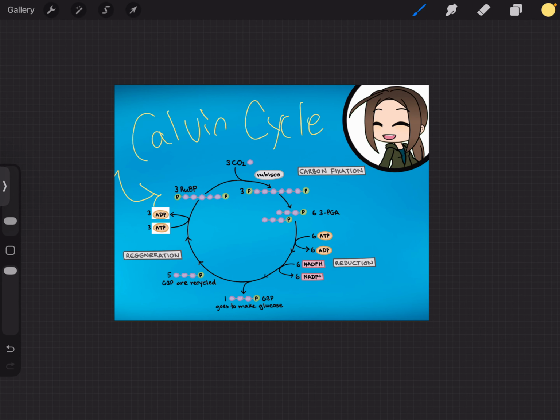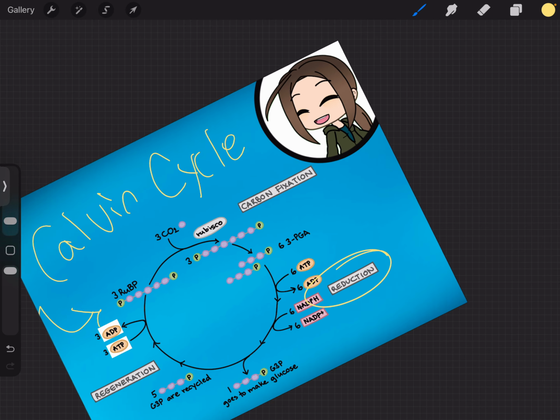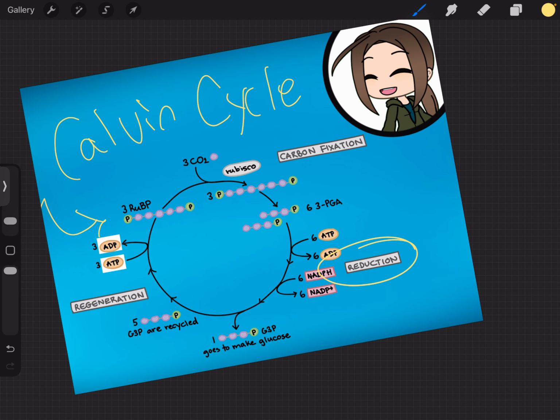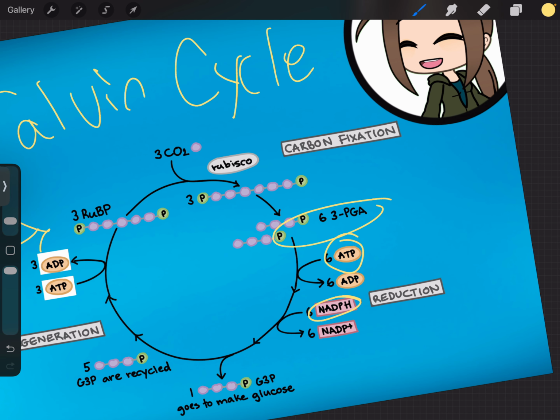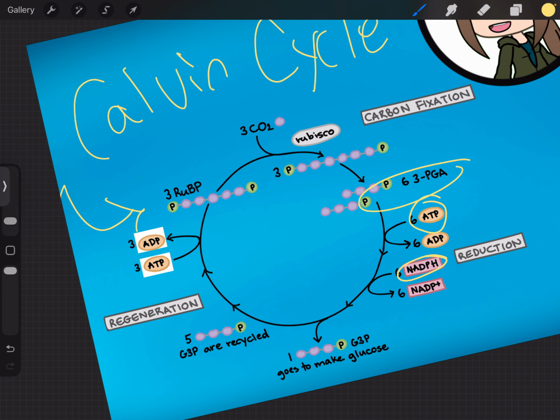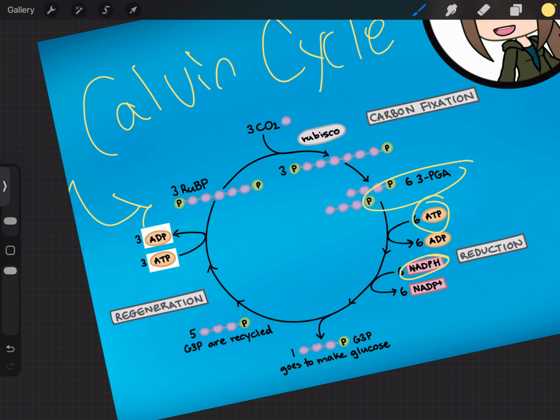Okay, welcome back, guys. This is phase 2 of the Calvin cycle, which is reduction. In this phase, ATP and NADPH are used to convert the 3-PGA from carbon fixation into a 3-carbon sugar, which is called glyceraldehyde 3-phosphate, or G3P.